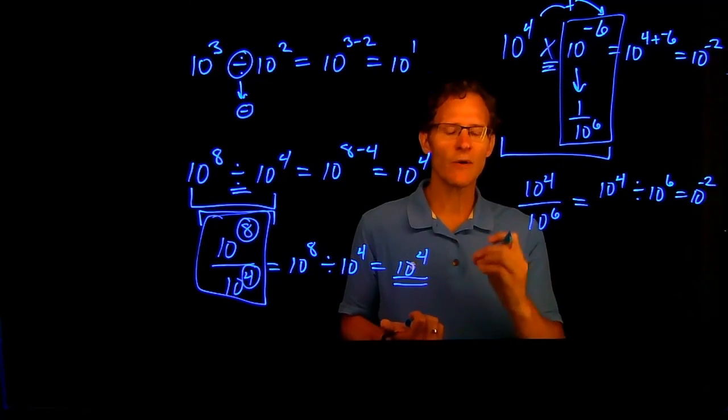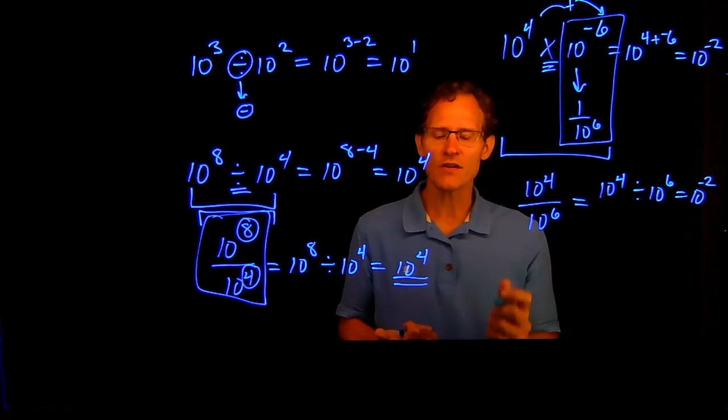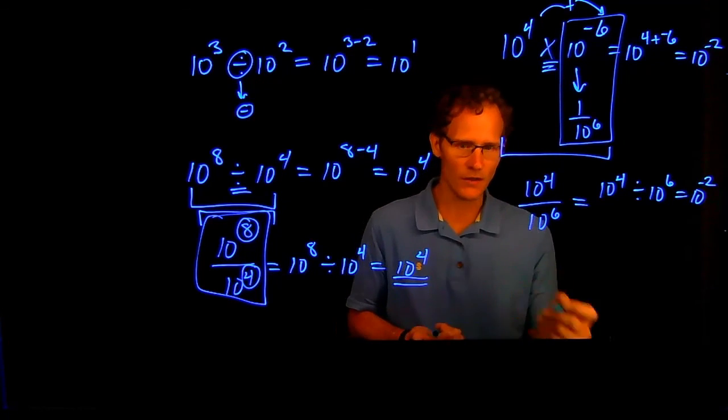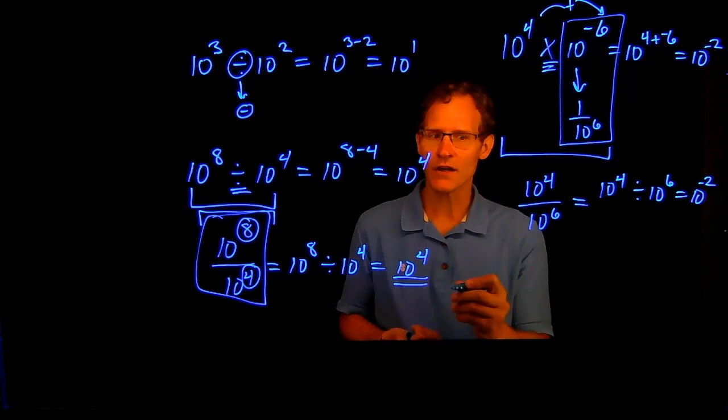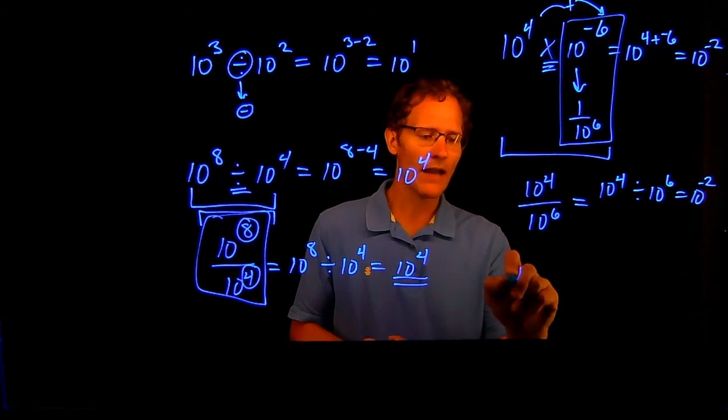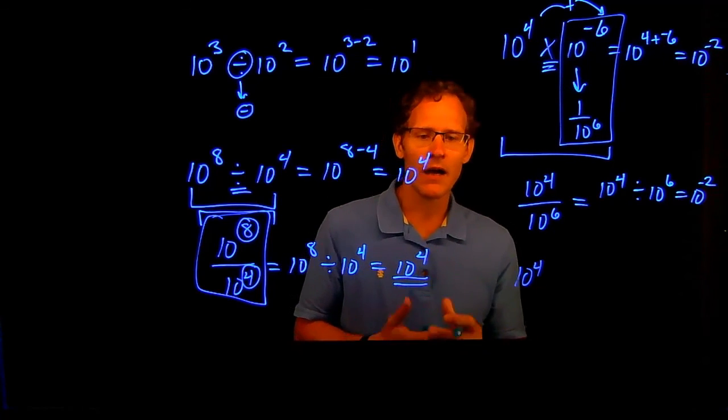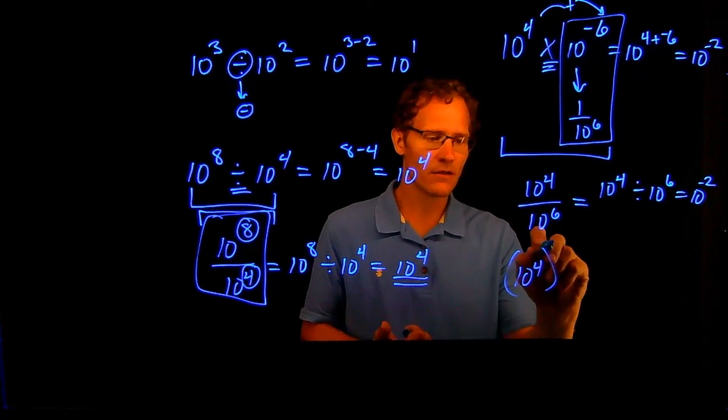There are multiple ways of solving problems like this, so you can find the way that works best for you. In the next video, we're going to explore what happens when we have an exponent raised to a power.